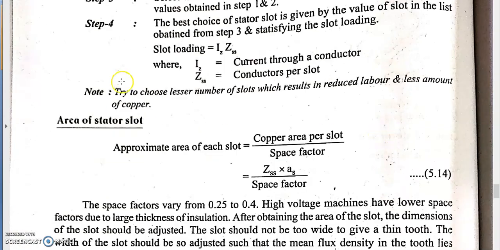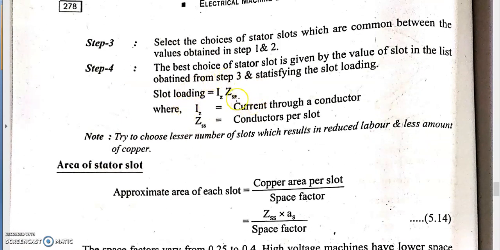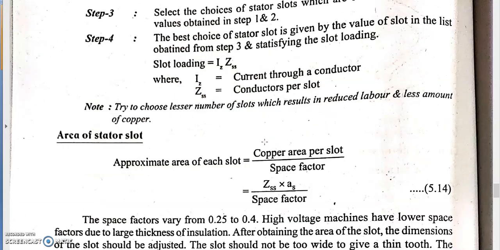And finally we will be verifying whether that chosen total number of slots and conductors per slot satisfy the slot loading. Slot loading is conductors per slot multiplied with the current through each conductor. So if the slot loading criterion is satisfied, we will be finalizing the total number of slots in the stator of this induction motor.